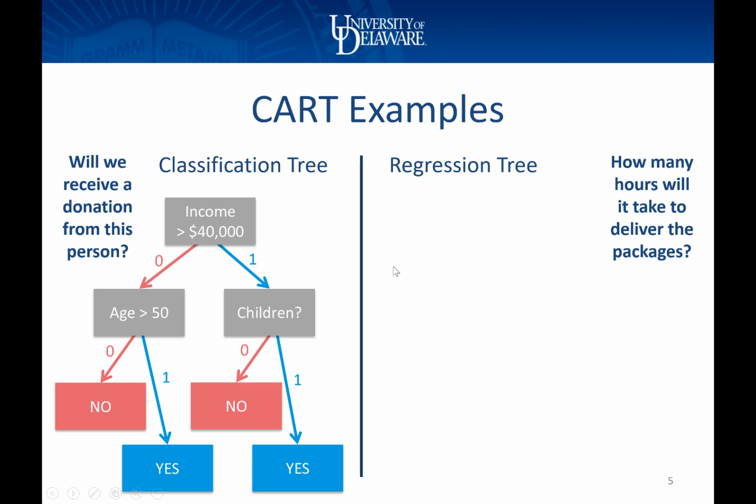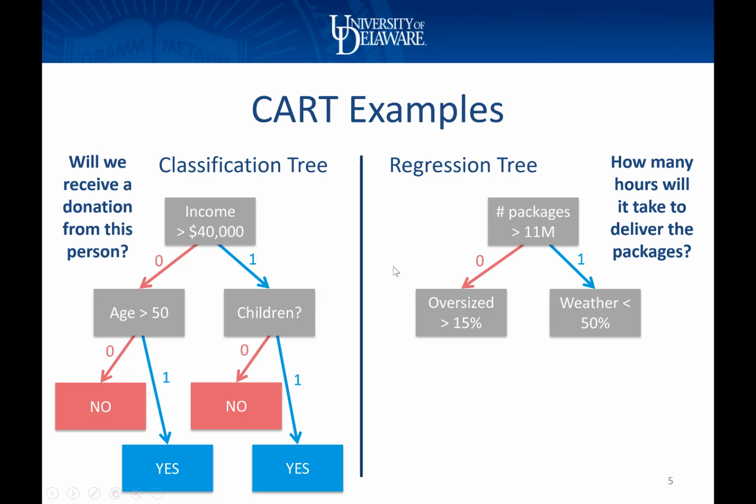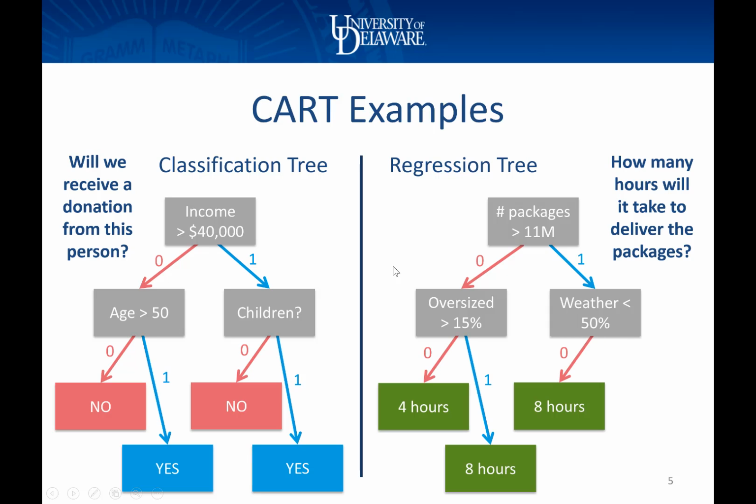For the regression tree, we're going to answer the question, how many hours will it take to deliver these packages? And we're going to design that tree to essentially yield one of a continuous set of outcomes. So maybe it depends on the number of packages that we're going to deliver that day, how many are oversized, what the weather was like, and the predictions might fall into different buckets like this.